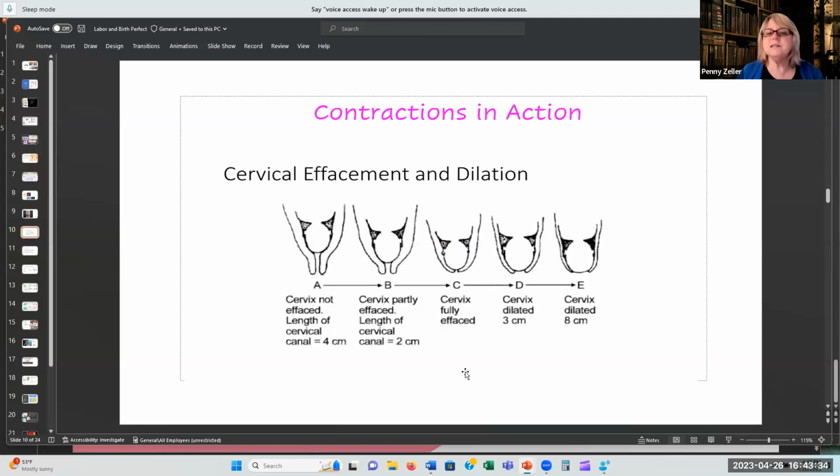And then it's effacing is what it's doing. Okay. The A, B, and C are what we call effacement. In other words, it's getting thin, it's thinning out. And then D, the cervix is beginning to dilate. Okay. So this is the contractions in action.